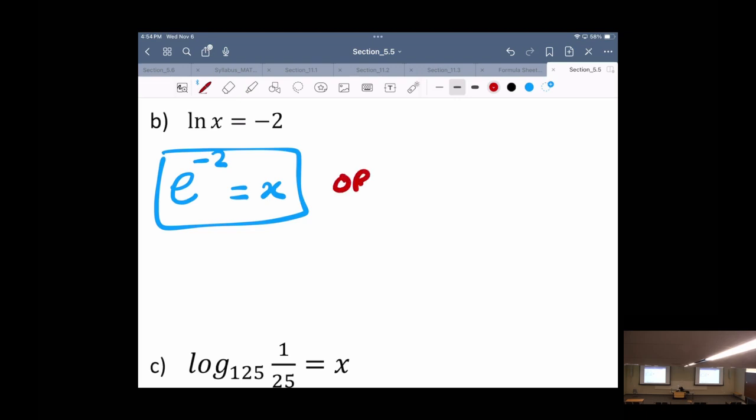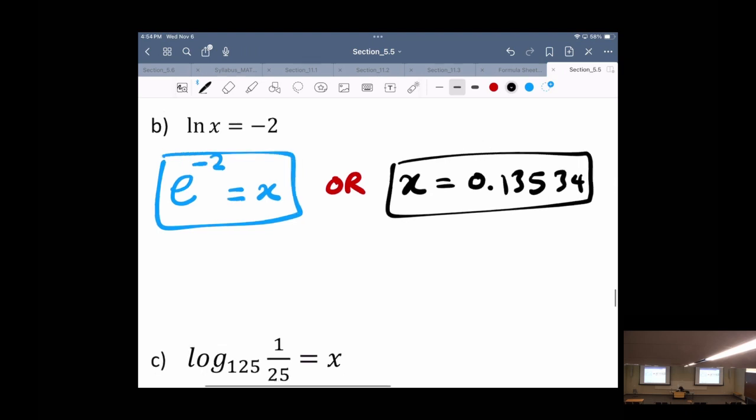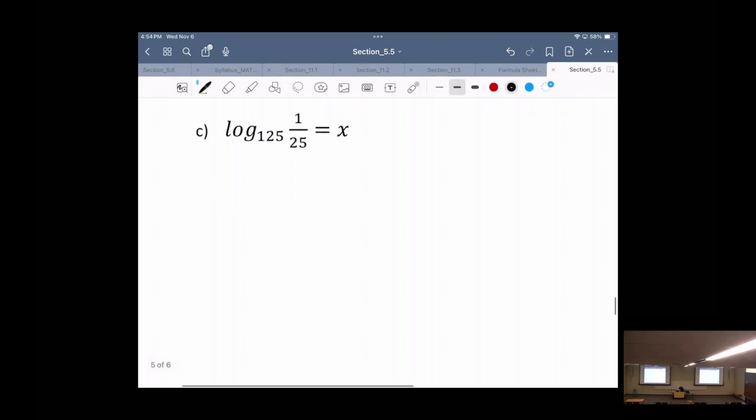Or if you're asked to give the answer in some kind of decimal form, then you can use your calculator to calculate this, and you'll get 0.13534. Either or, depending on what the question is asking. Okay, so this one, how would you solve that?